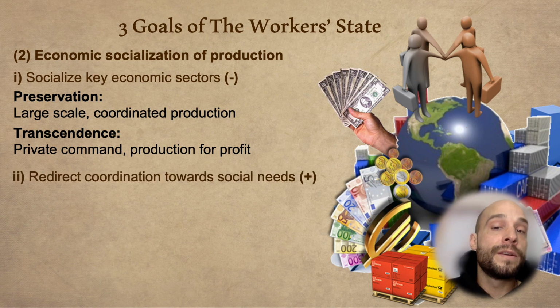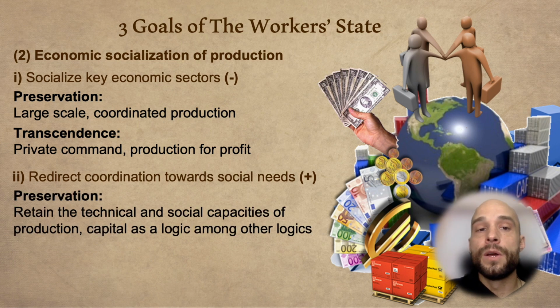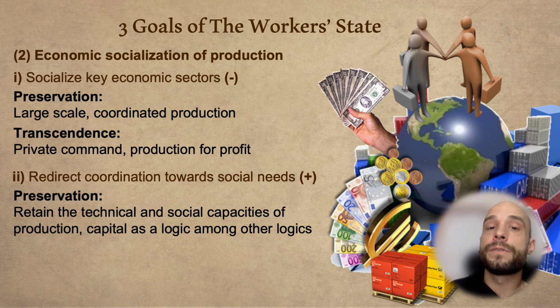The second moment is positive. It's about redirecting coordination towards real social needs. Here, the focus shifts from ownership to purpose. What's preserved are the technical and organizational capacities of capitalist production: scale, coordination, productivity, and efficiency. Markets may still function, money still circulates, and production for exchange still continues.